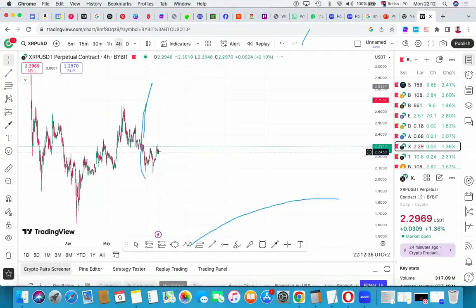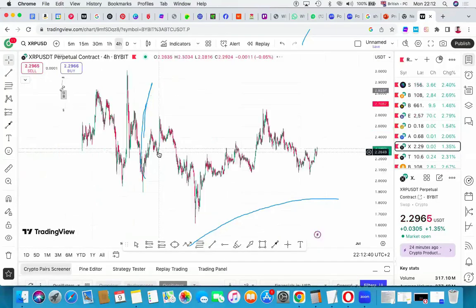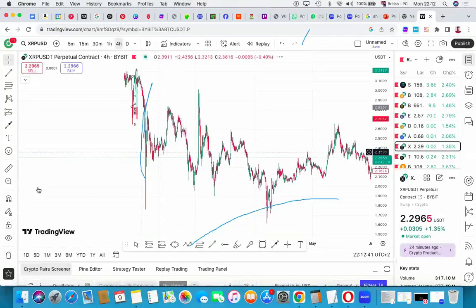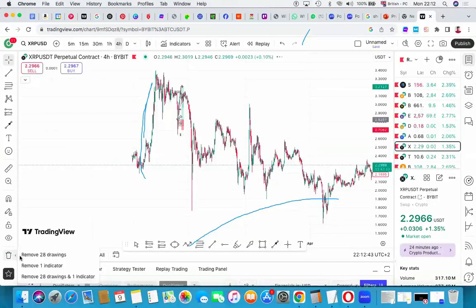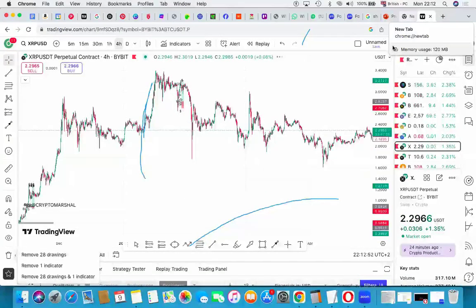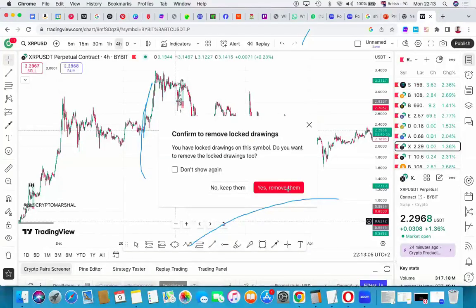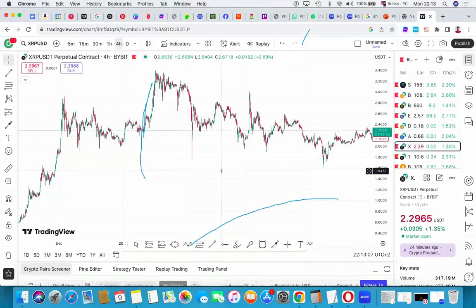This is a 4 hours time frame. So let me clear up these charts. I think probably because I have a lot of programs opened on this laptop, that's why everything is just really sluggish. Okay.